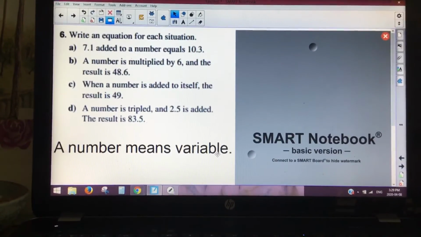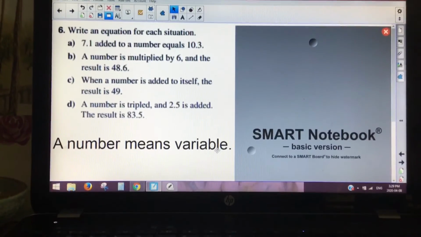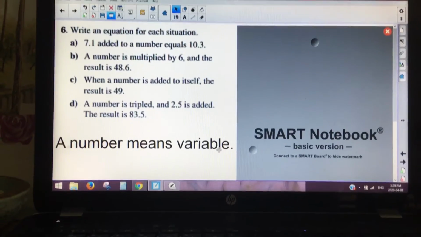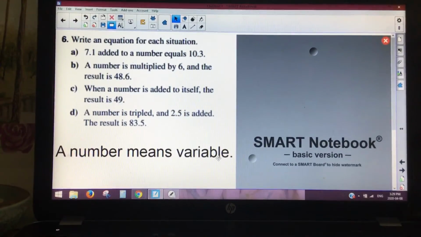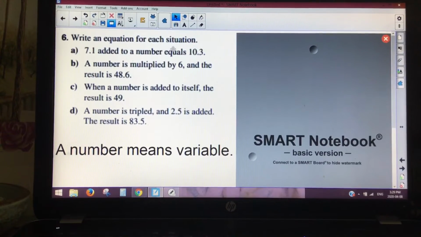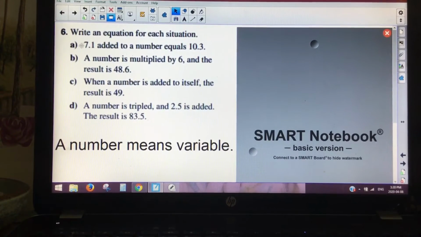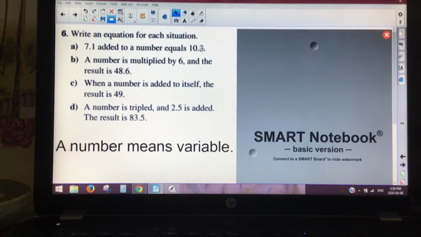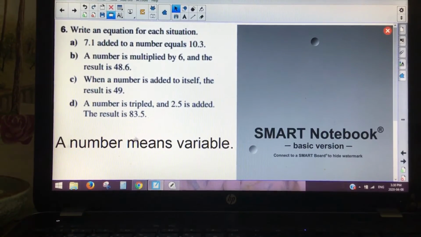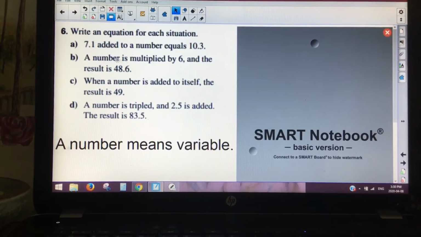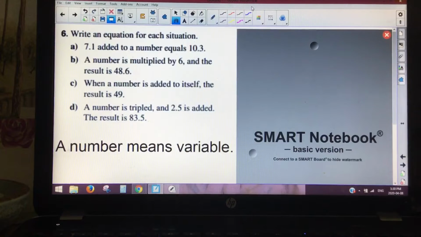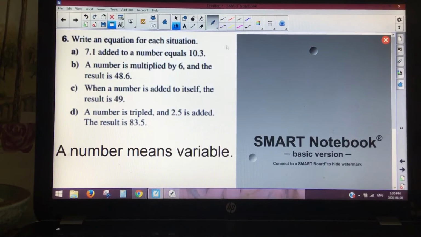Okay, these were a bit more tricky, and I got a lot of feedback from people that struggle with this style. Same with the word problems. Write an equation for each situation. I've got 7.1 added to a number is equal to 10.3. Just remember, in the question when it says a number, it means variable. You can put in whatever letter or symbol you want right there.